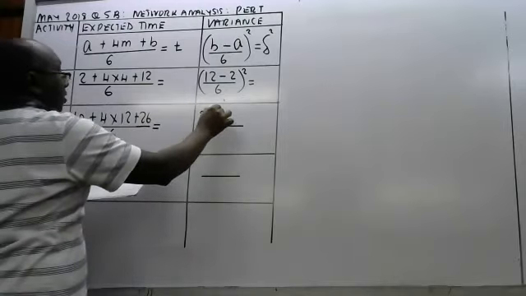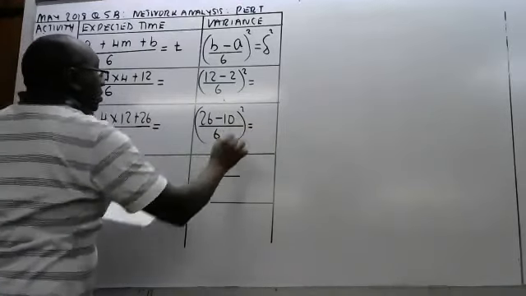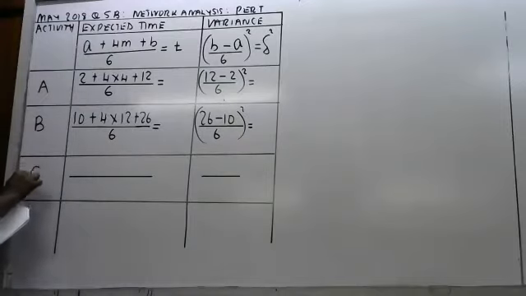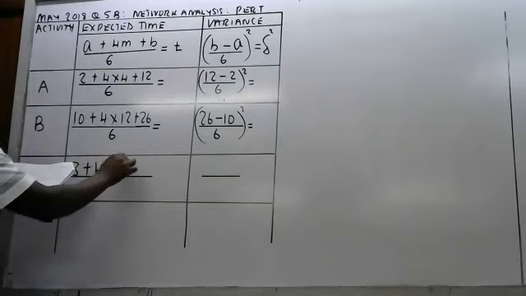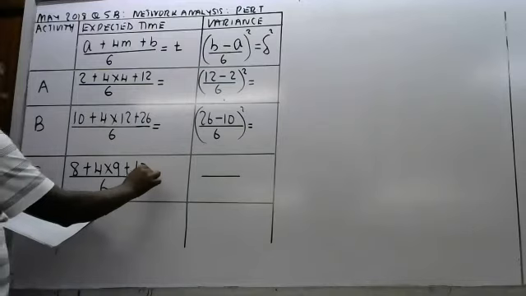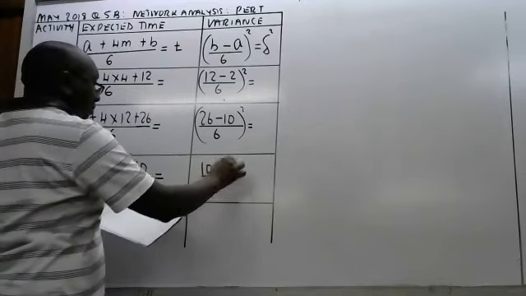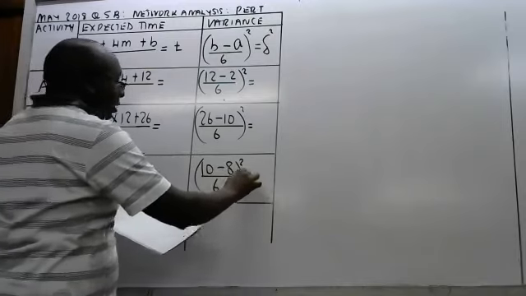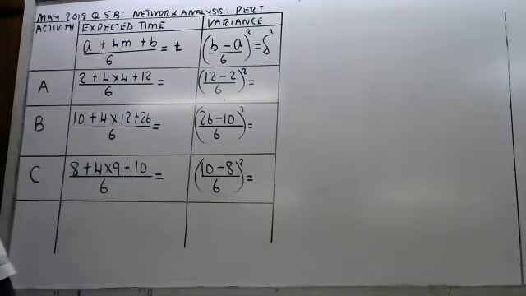Then 26 minus 10, you divide by 6. Then C, it will be 8 plus 4 times 9 plus 10, you divide by 6, and 10 minus 8, you divide by 6. So continue that way on your own. And once you have everything, you say finished so that we draw the diagram together.